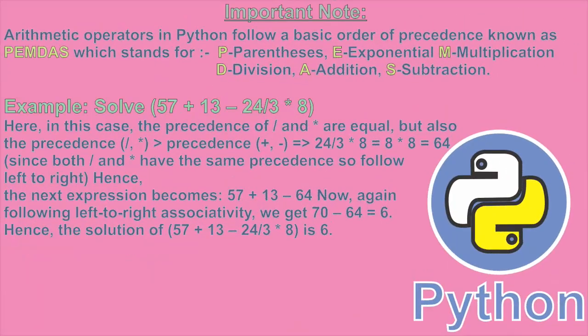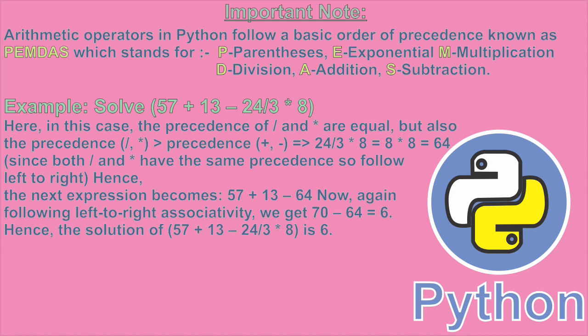Arithmetic operators in Python follow a basic order of precedence known as PEMDAS, which stands for P for parentheses, E for exponent, M for multiplication, D for division, A for addition, S for subtraction. Here, the precedence of division and multiplication is equal, but the precedence of division and multiplication is greater than the precedence of addition and subtraction.